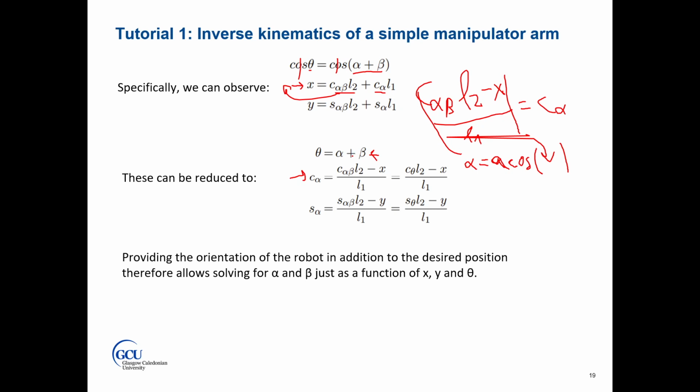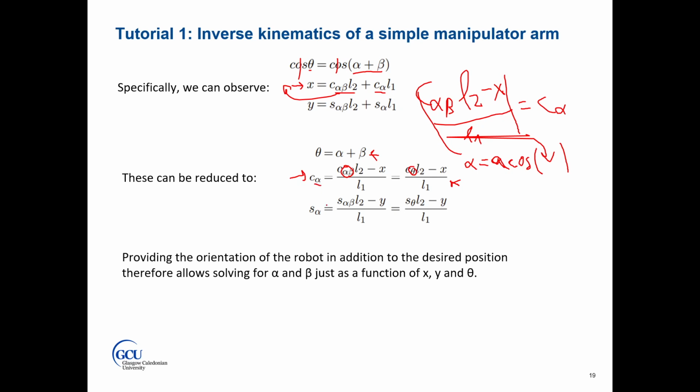I don't know alpha plus beta because this is what I'm trying to find out. So in theory I cannot calculate this, but I can just replace this with theta, as you can see here. Now it says that alpha plus beta is replaced with theta, which is one of the arguments that I'm giving to solve, because I'm telling you theta is 45 degrees, x is 2, and y is 3 or whatever. So I'm actually giving you this. Thanks to this, I can replace one with the other, which means I have the complete solution here for alpha.